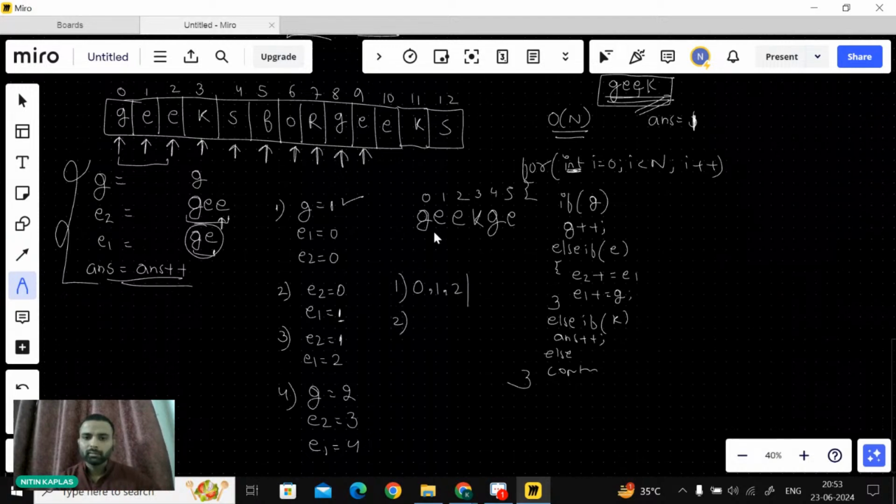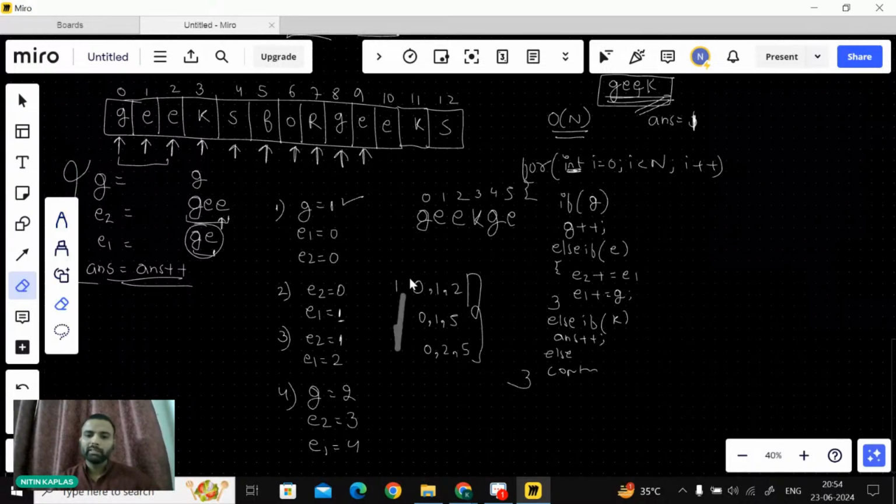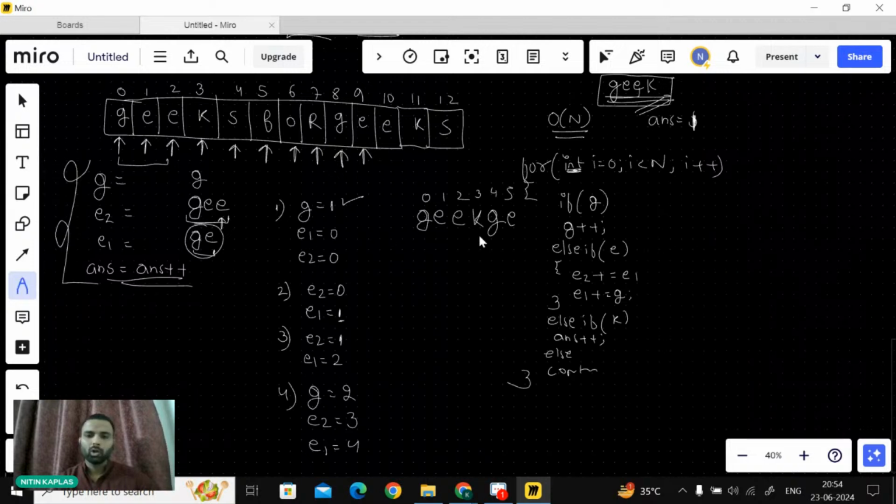Now second is 0, 1, 5, and what's the third? 0, 2, 5. Those are the three combinations of E2 we have, right? Okay, I hope you understand now E2. So if you understand the E2, E1 is very simple. E1 is just the same logic we have to make.